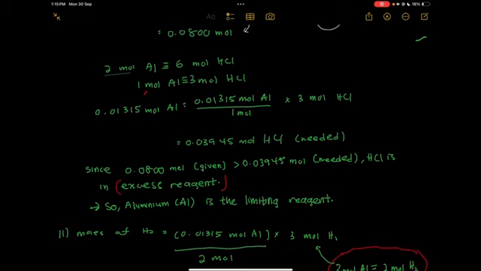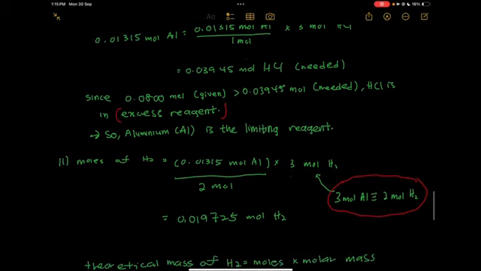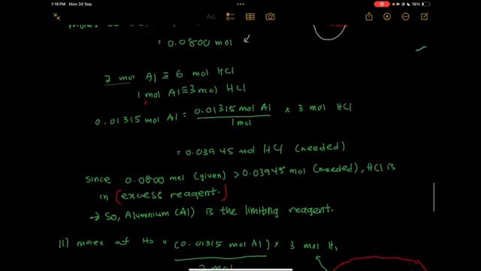So we get the mole of HCl that is needed is 0.03945 mole. Since 0.0800 mole that is given is more than the mole needed, which is 0.03945, HCl is the excess reagent. So aluminium is the limiting reagent. Okay, so you guys understand.